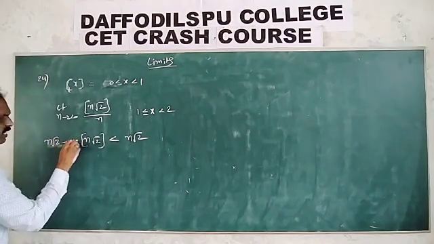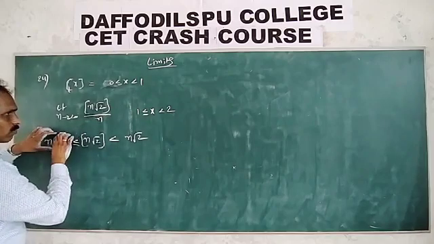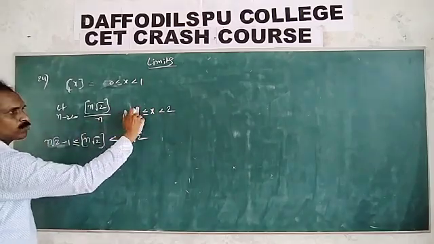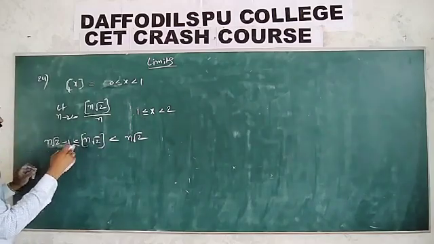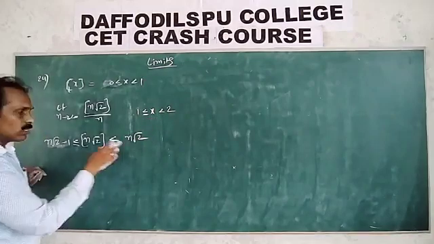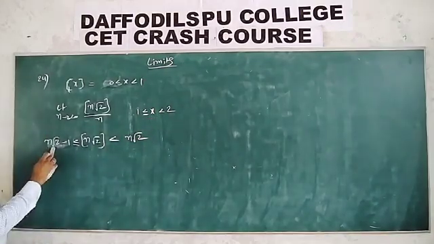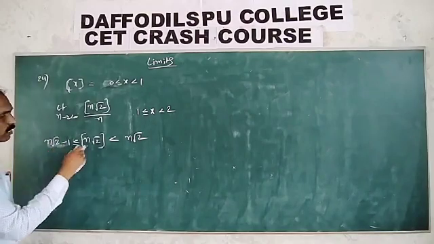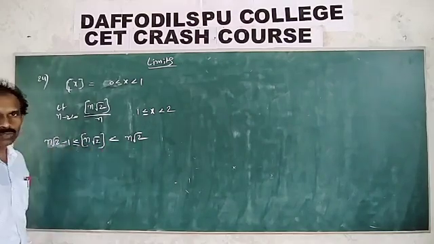n root 2 minus 1 less than or equal to the value, lesser compared to 2, minus 1 can be plus 2 minus 1 like that. By the definition of the greatest integer function, n root 2 minus 1 less than or equal to the greatest integer of n root 2 less than n root 2.